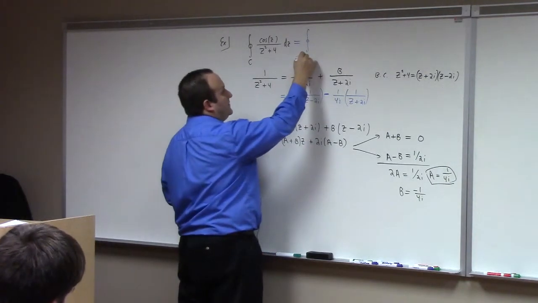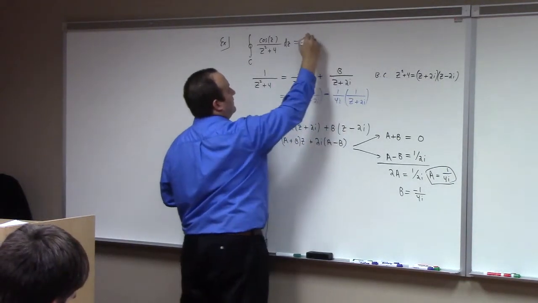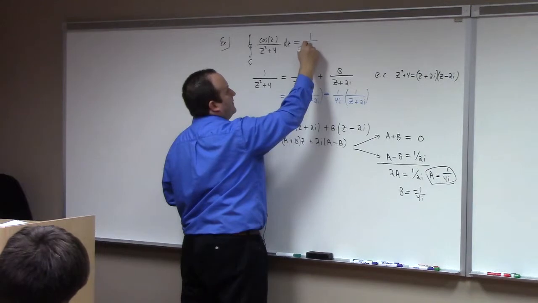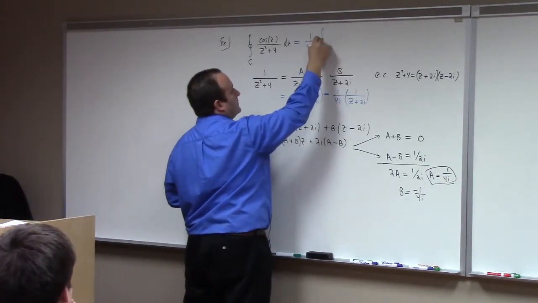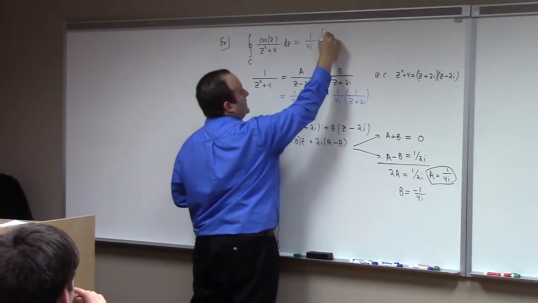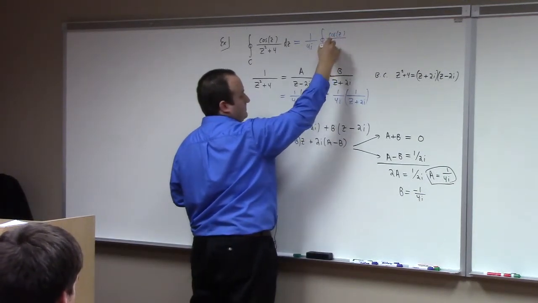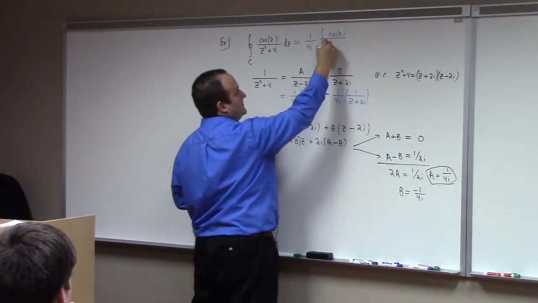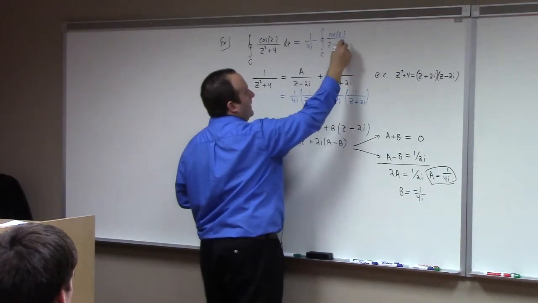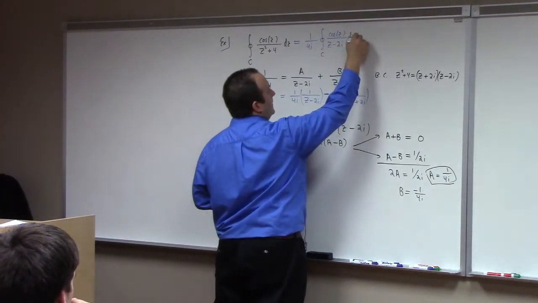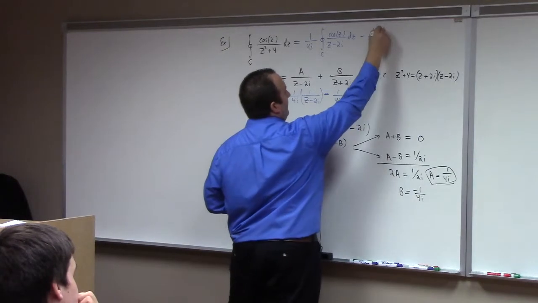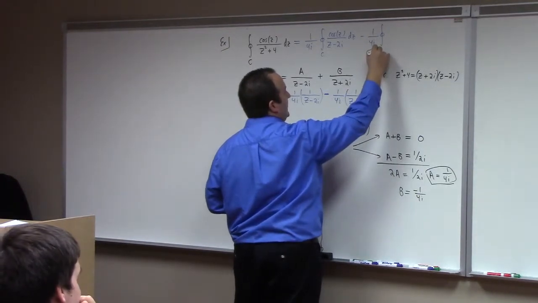Integral around c, well, let me pull the 1 over 4i up front. 1 over 4i integral around the loop of cosine z over z minus 2i dz minus 1 over 4i integral around the loop that I haven't even specified yet.